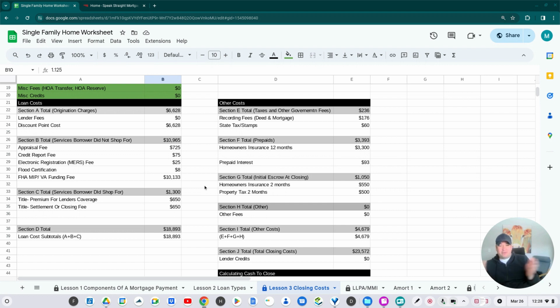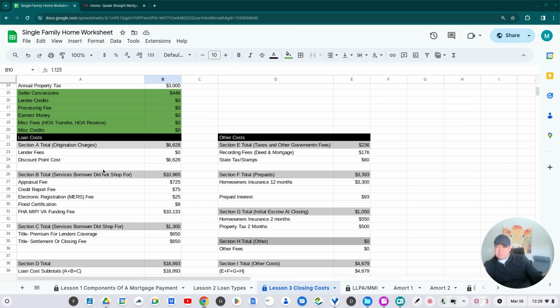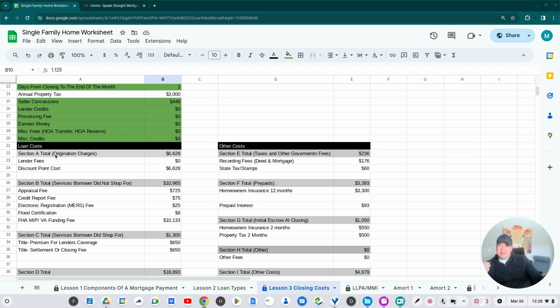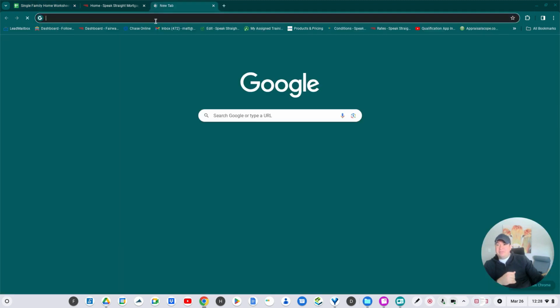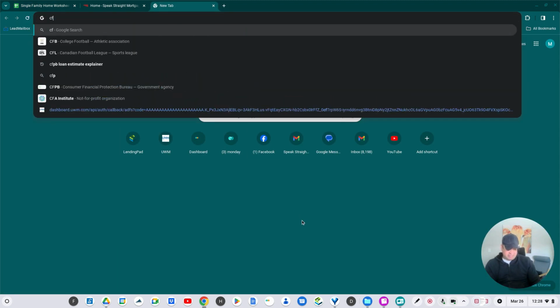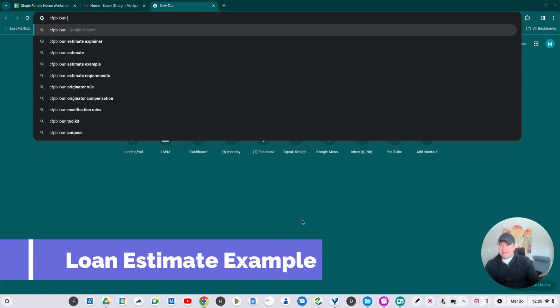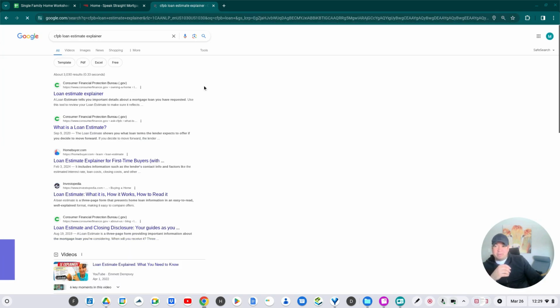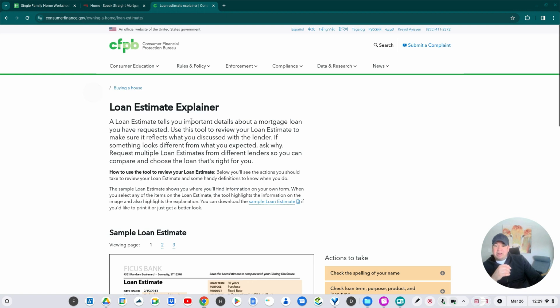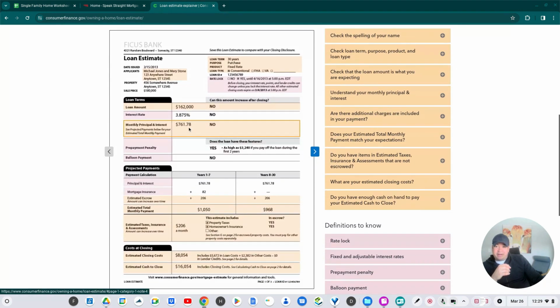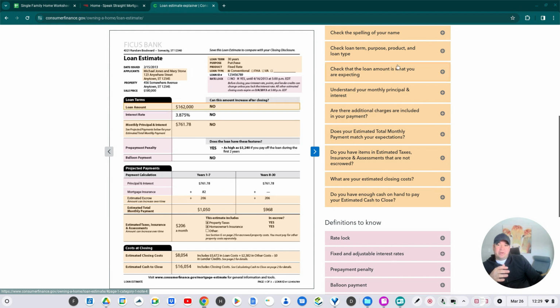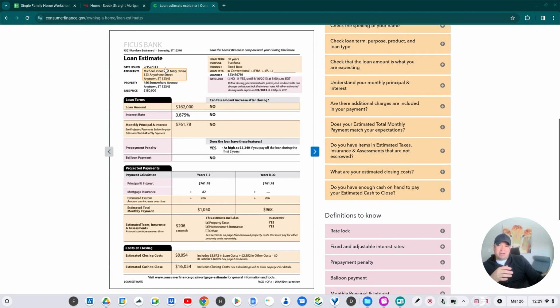So it's best to just format it like this now, because you're going to need to understand it this way anyway. On a loan estimate, even though I've got a separate video on that, if you go to the CFPB Loan Estimate Explainer, CFPB is the Consumer Financial Protection Bureau, it gives you a detailed breakdown of a loan estimate.